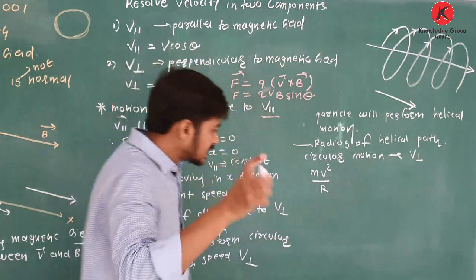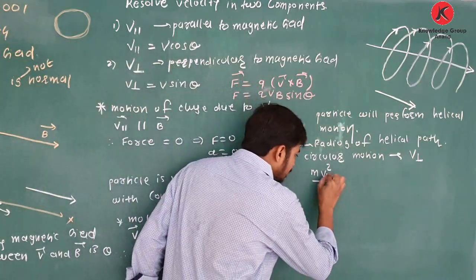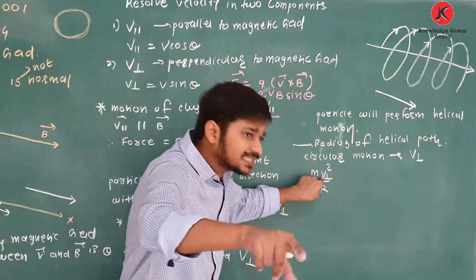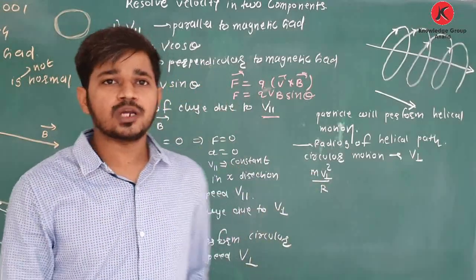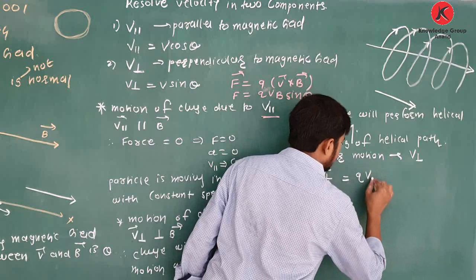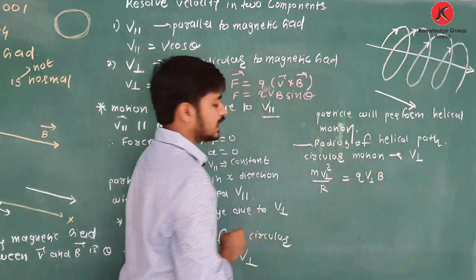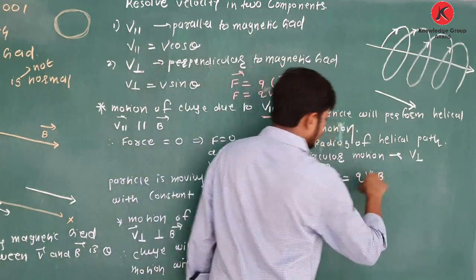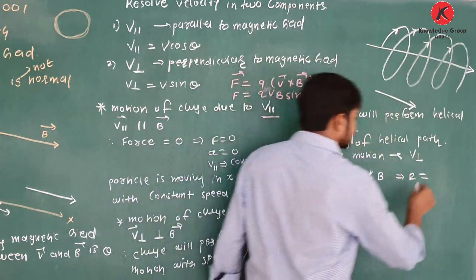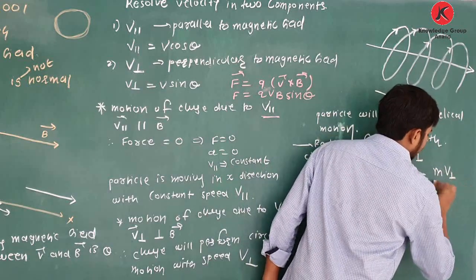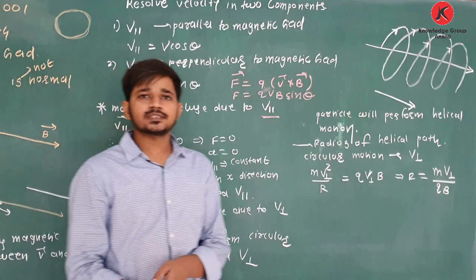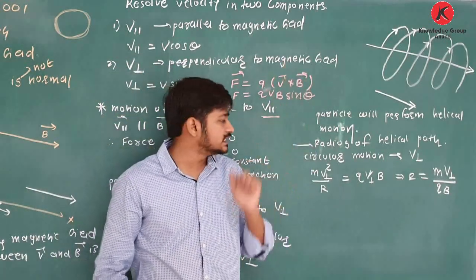But here I will write V perpendicular, because due to this component it is performing circular motion. And on this side, what is the magnetic force? It is qV perpendicular B. Clear about this? Then this cancels. If I make R the subject, then R is equal to m V perpendicular upon qB. So this is the difference between the last case and this case.